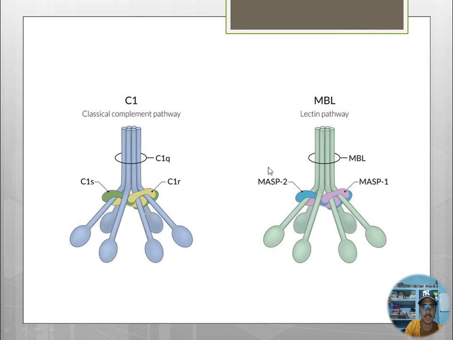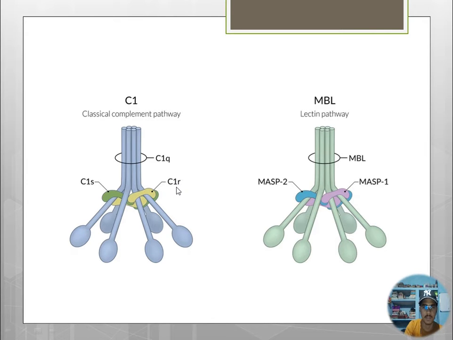Now let's see the structure of C1, the classical complement pathway, the complement number 1 protein. This complement 1, as we know, has C1q, C1r and C1s. Over here you can see that this blue bundle is C1q, and it has 6 globular legs, and it also has C1s and C1r.